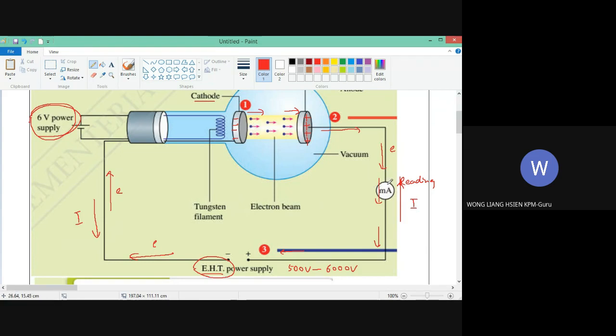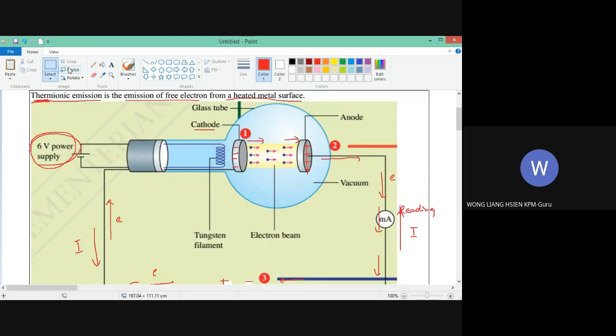There is current, there is a reading. However, if you flip it, that means this becomes negative and this becomes positive, so this becomes the cathode and this becomes the anode. This becomes negatively charged, this becomes positively charged right now.